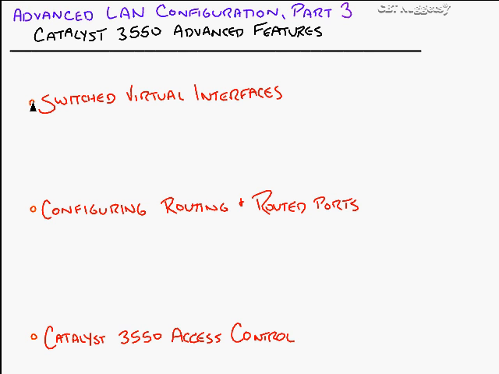We started it all off with switch virtual interfaces, and just to hit the high points, those SVI interfaces are your logical connections to get you off VLANs. They're your routed interfaces that you can just make up as an administrator, and the switch will be able to route to and from those interfaces provided you have the EMI image.